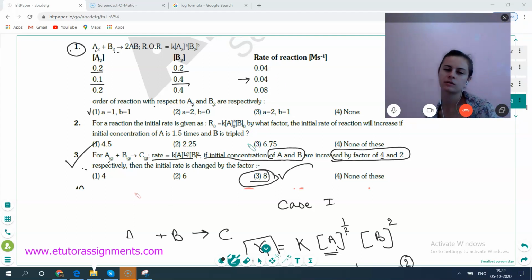Reaction initial rate is given at this. By what factor the initial rate of reaction will increase if initial concentration of A is 1.5 times and B is triple?